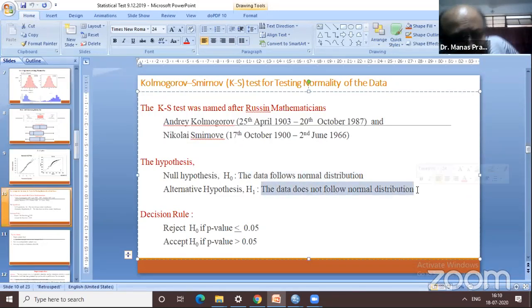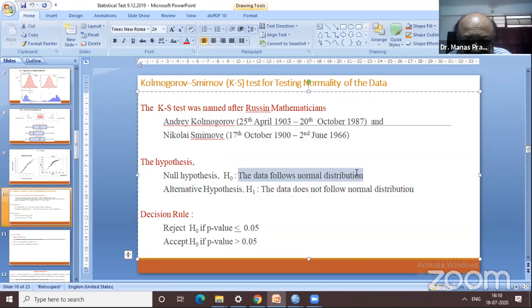We can set the null hypothesis in a different way also, in mathematical symbols, but this is the simplest way. For social science people, I think it is okay.